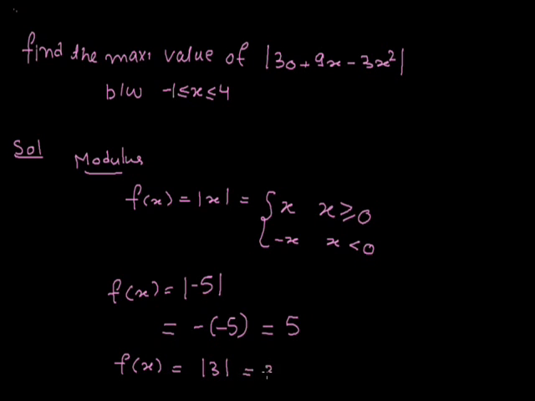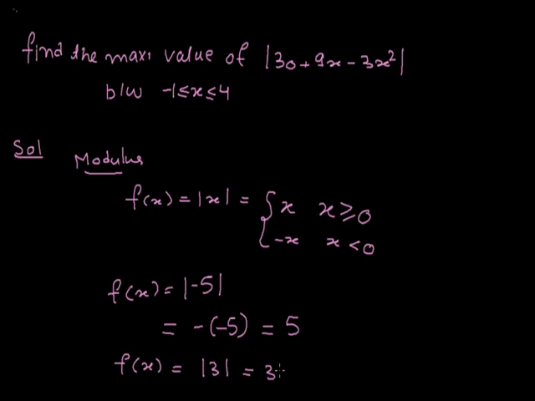It becomes 3 because 3 is greater than or equal to 0, meaning x is positive, and for all positive values modulus just gives the input as output.